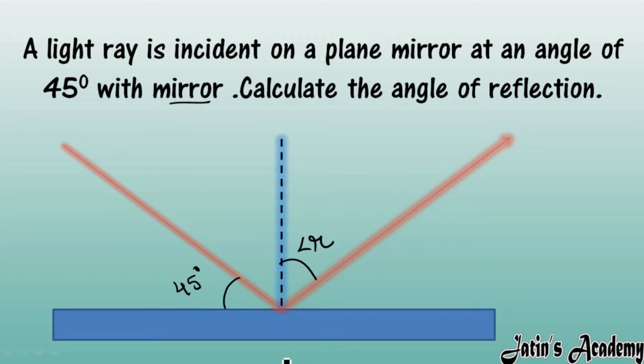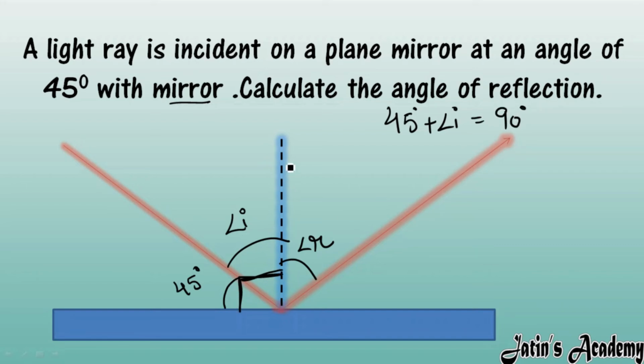So how to calculate? See carefully. As I already told, the normal always makes a 90 degree angle with a plane mirror. It is perpendicular to the plane mirror. Here a 90 degree angle is there. Here let it be angle I. So 45 degree plus angle I, this full angle is nothing but 90 degree.